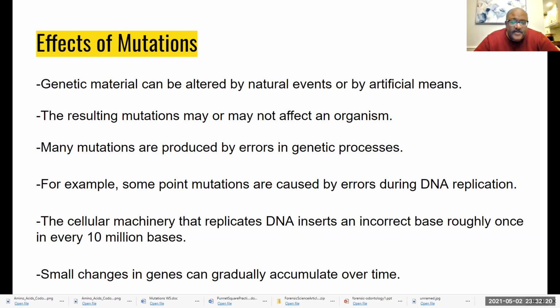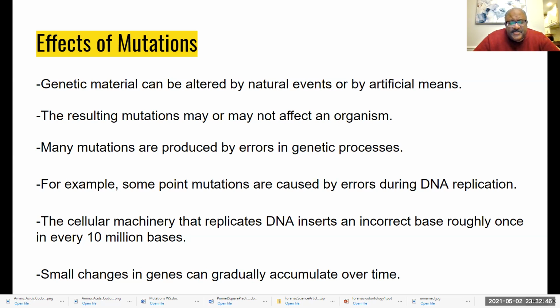Okay. I want you to understand that not all mutations are bad. Some mutations are good. Some of them don't affect an organism, some of them help an organism. But when diseases come about, it's mutations that alter things and cause bad things to happen.